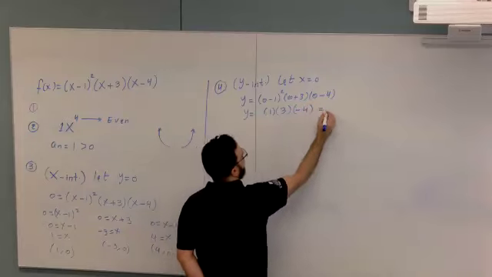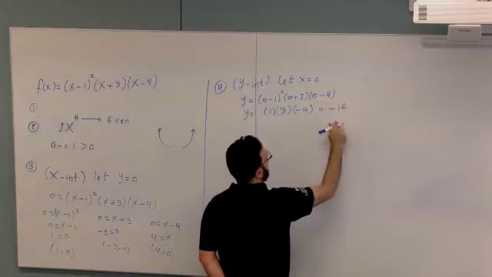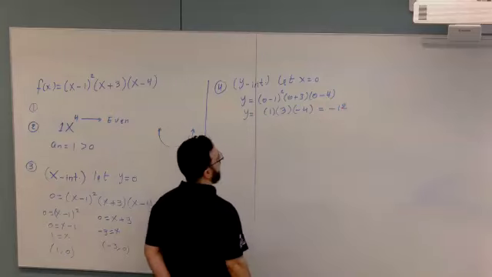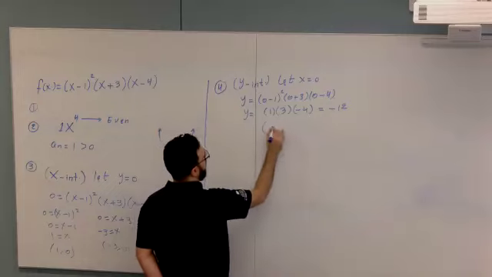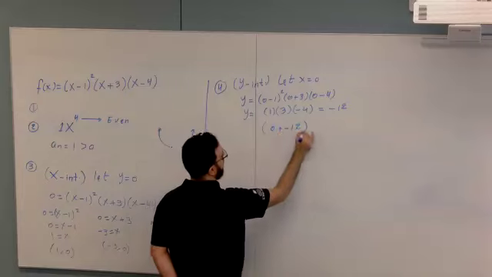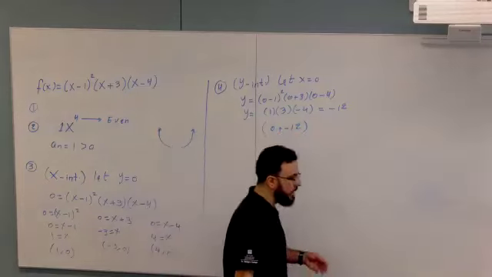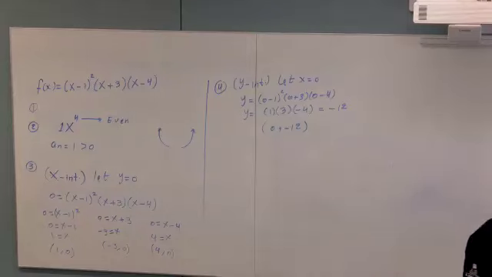So it's going to be what? Negative 12, right? That means as a point it is 0 and negative 12. It's just a point. We need points so we can get the graph.